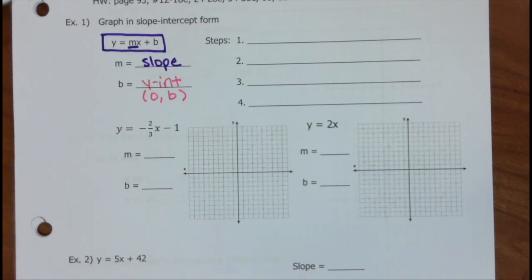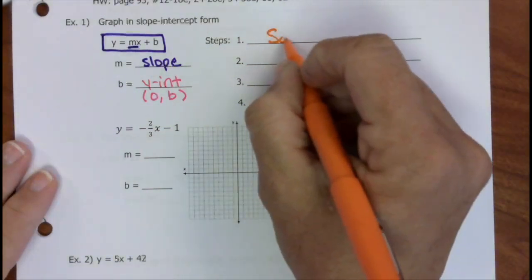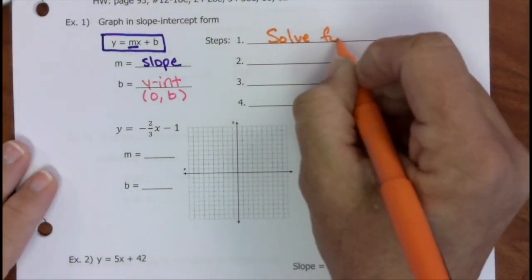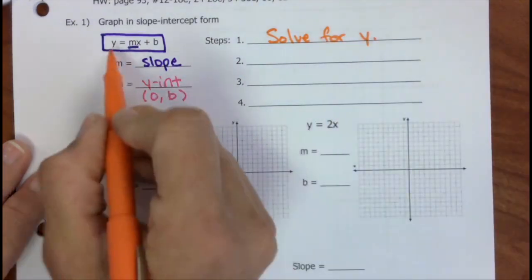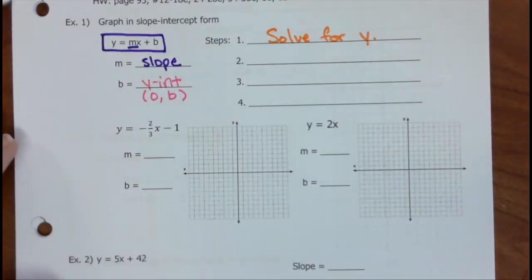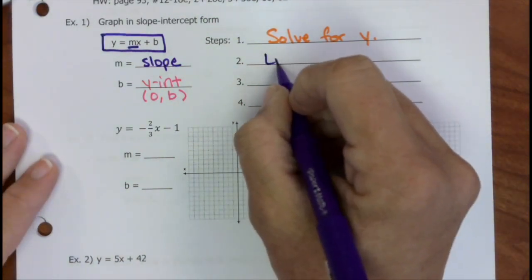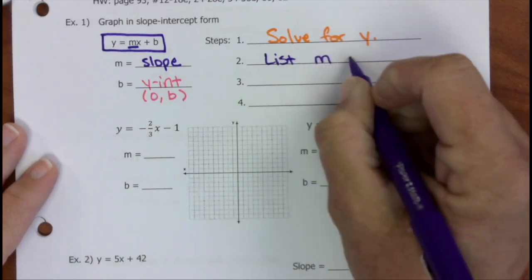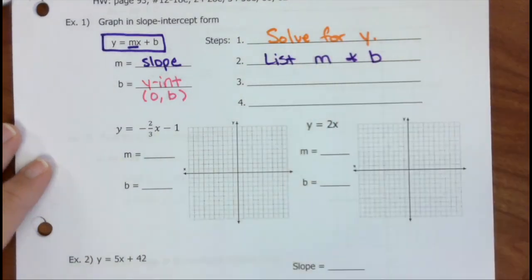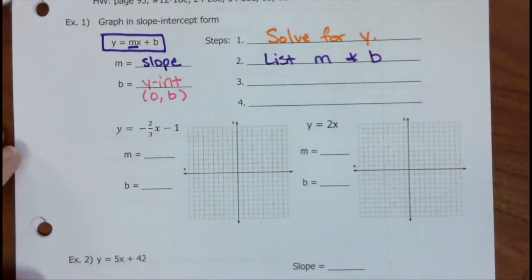Okay? The first step would be to solve for y. If it's not already solved, you want it to say y equals. Then you're going to write down or list your m and your b. So find your slope and your y-intercept.